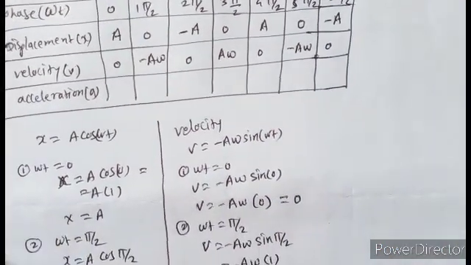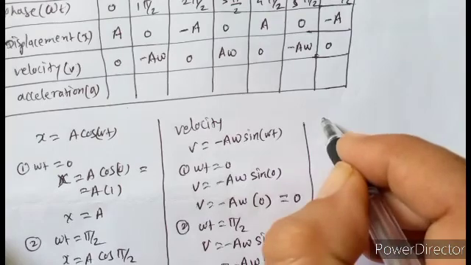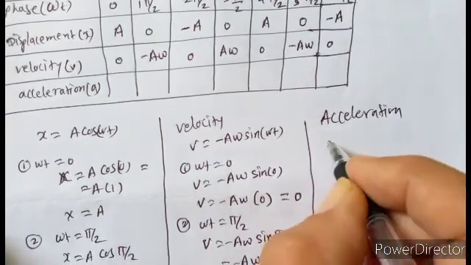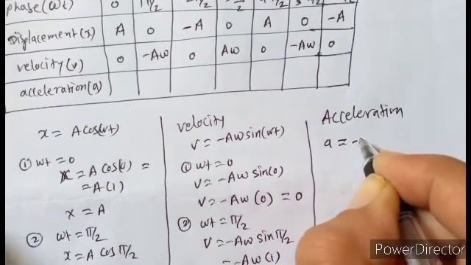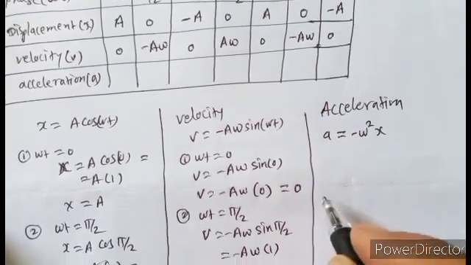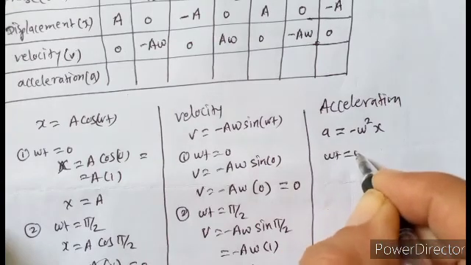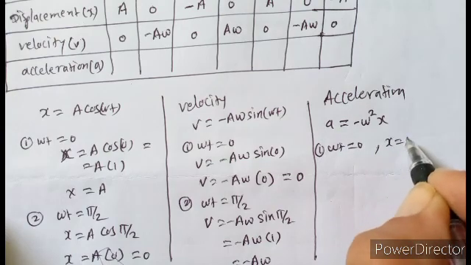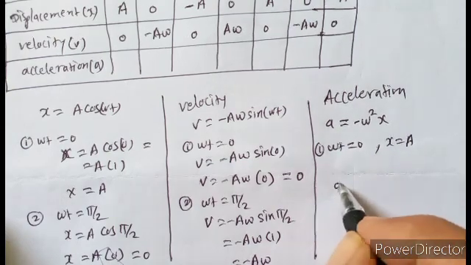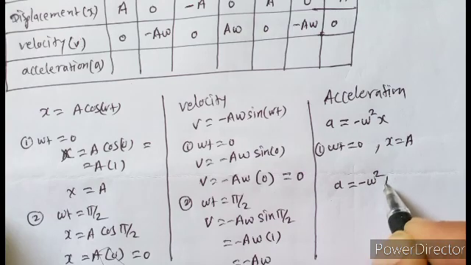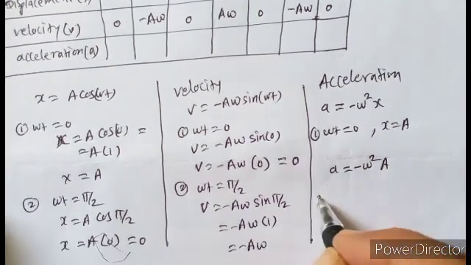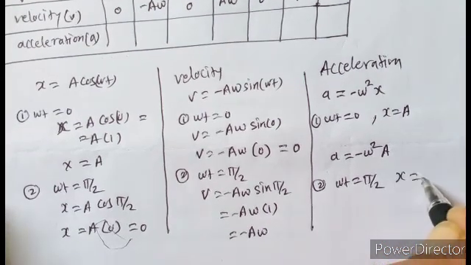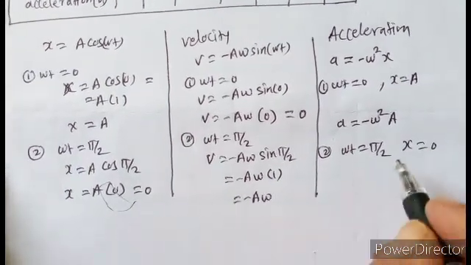And last we calculate the acceleration. a is equal to minus omega square x. When omega t is equal to 0, at that time we get x is equal to a. Substitute that. So acceleration is minus omega square a. Second, when omega t is equal to pi by 2, then x is equal to 0, as we have just calculated.